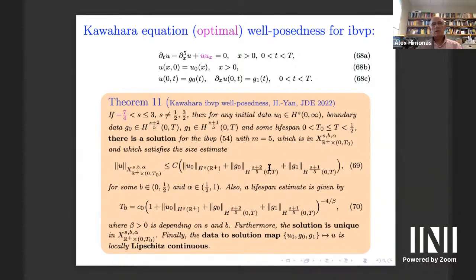Again, here you have the solution in the modified Bourgain spaces is bounded by the data, and you see here now the data, the G0, S2 over 5, S plus 1 over 5, and the estimate for the lifespan, and the solution is unique, and dependence is Lipschitz continuous.